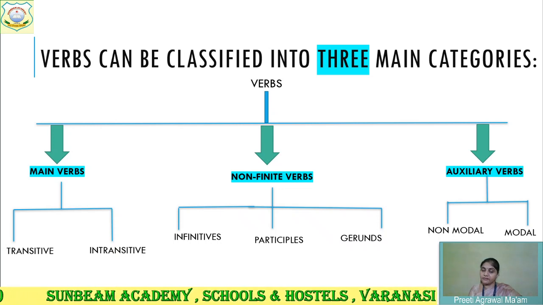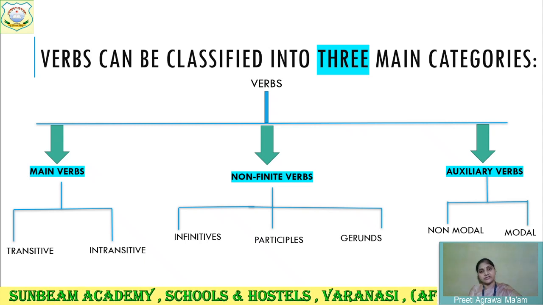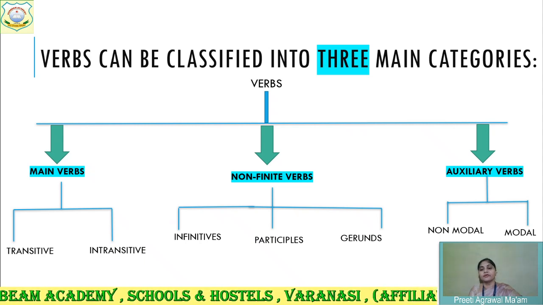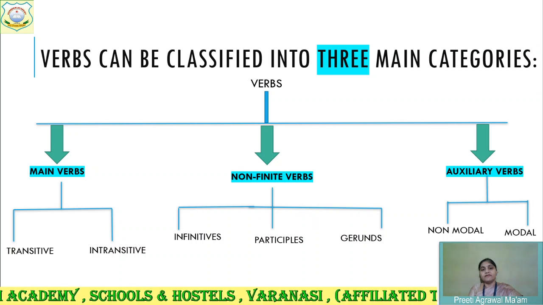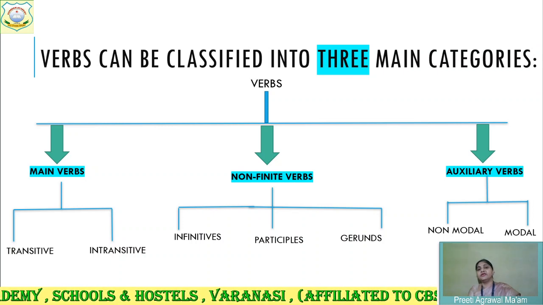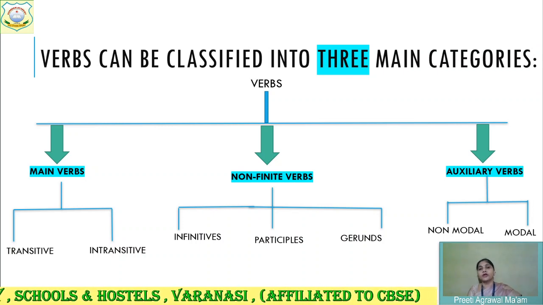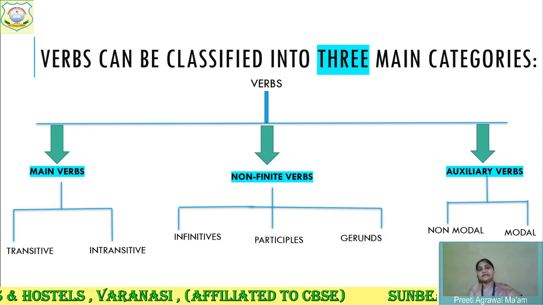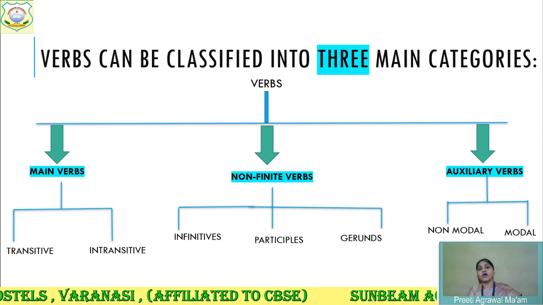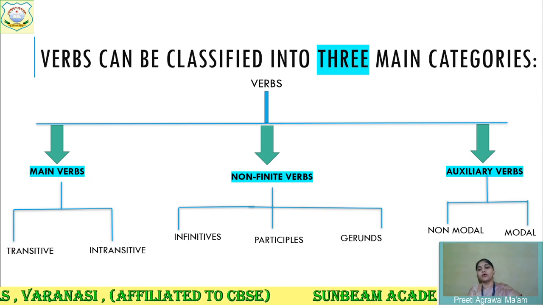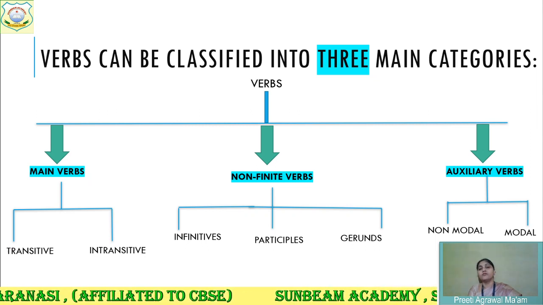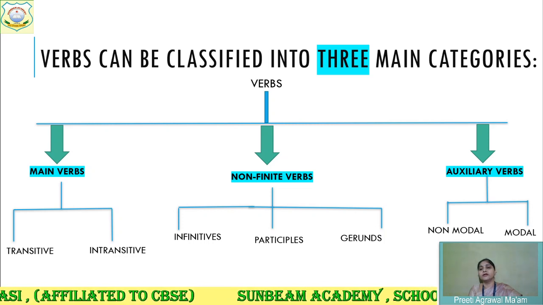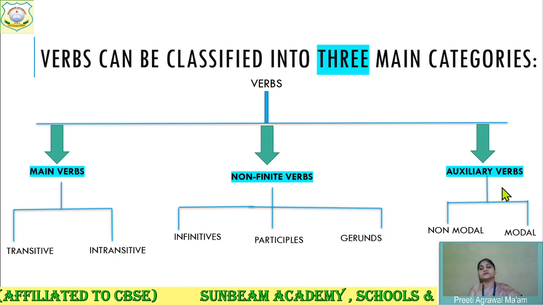Have they completed their work? Has he completed his work? So this is your helping verb. In the same way, be is also your helping verb. In be form of verb, there can be is, am, are, was, were. So these all are your non-modals which come under the auxiliary verbs category.